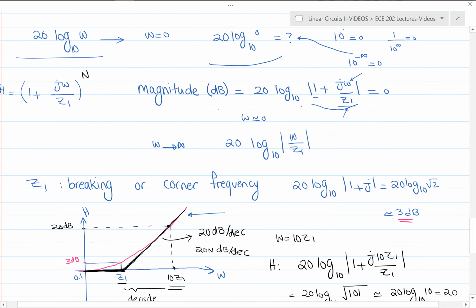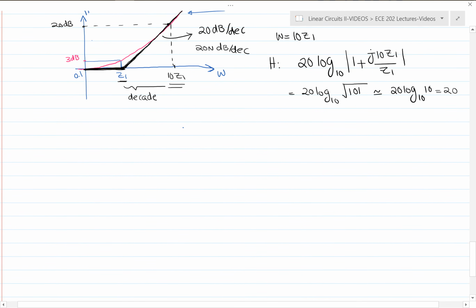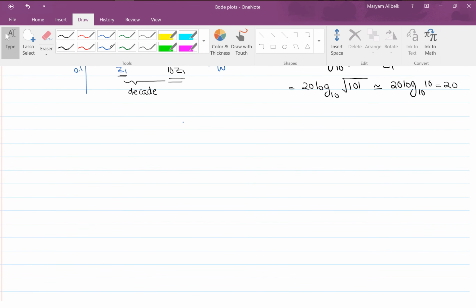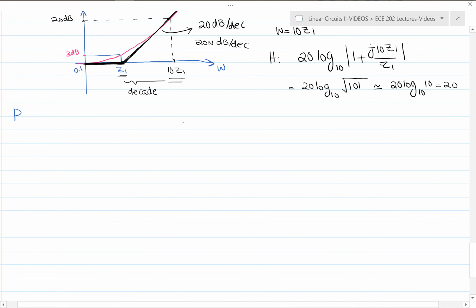Now let's see what the phase plot looks like. Let's draw the phase plot for simple 0.